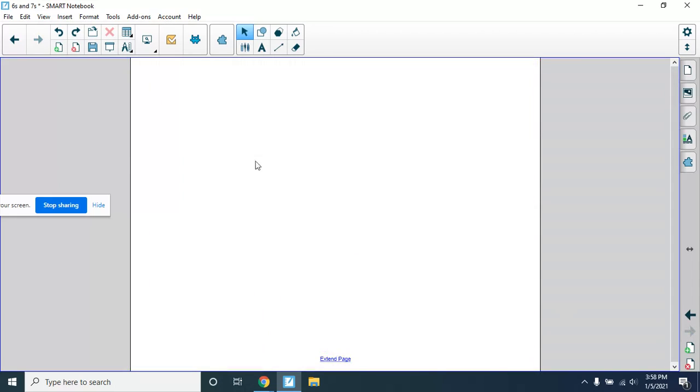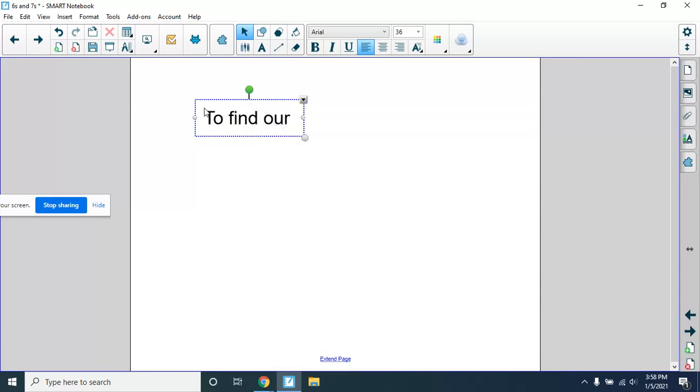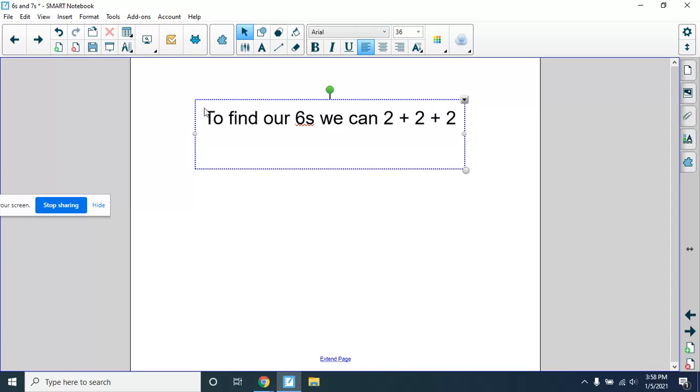So what we're doing here is, to find 6s, we can use 2s, and you can use 2 plus 2 plus 2, or we can use 5 plus 1.